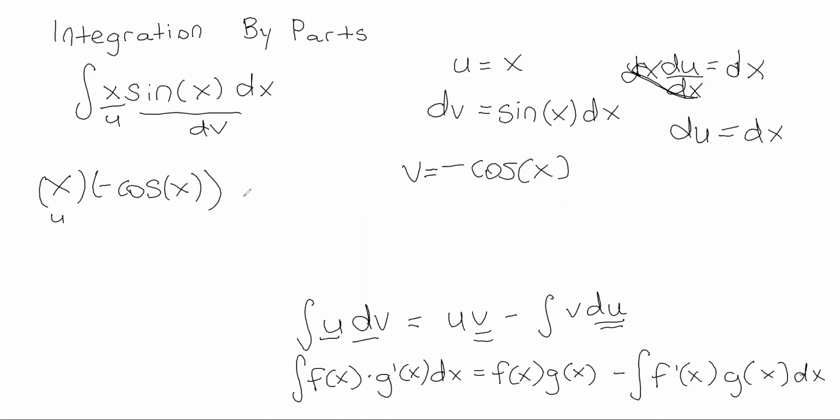And then next we subtract the integral of v times du, which is going to be, once again, negative cosine of x, times du. Du is just going to be dx.